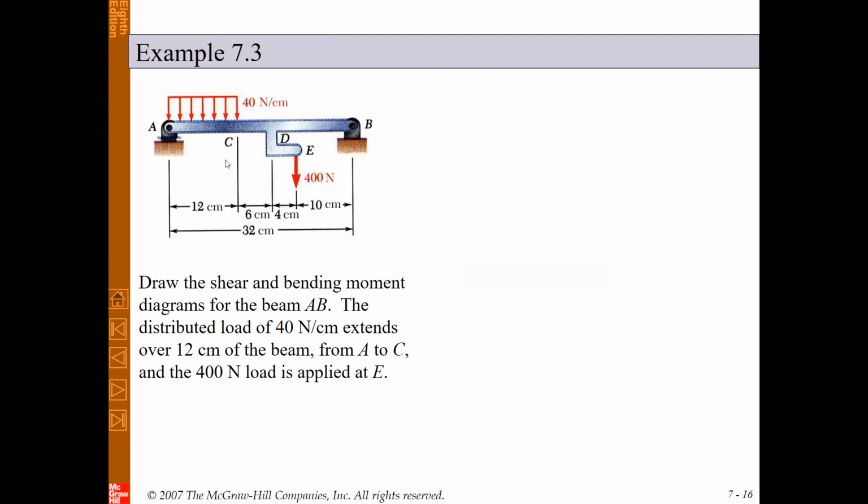Okay, the next example, here we have a beam subjected to a distributed load. Draw the shear and bending moment diagrams for the beam AB.